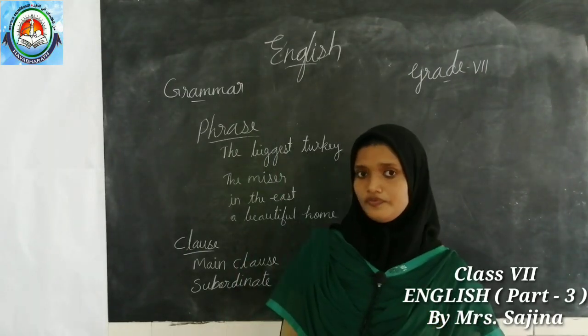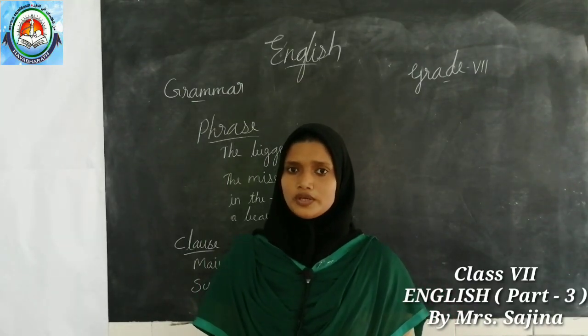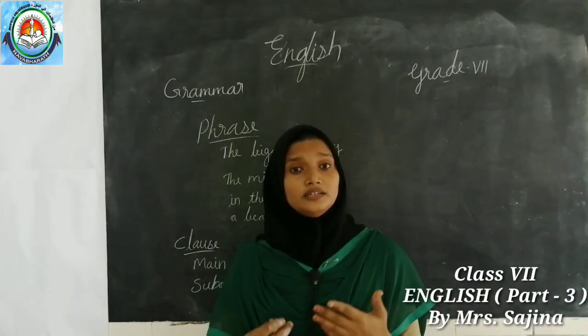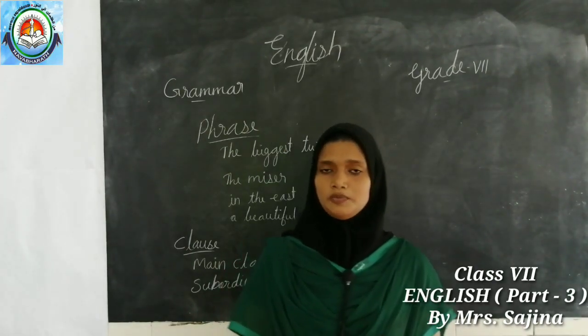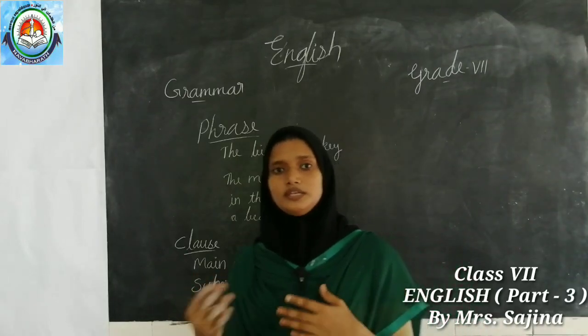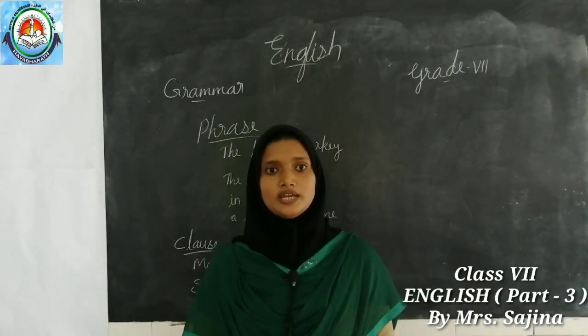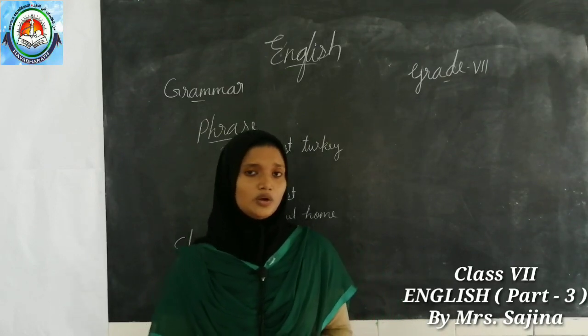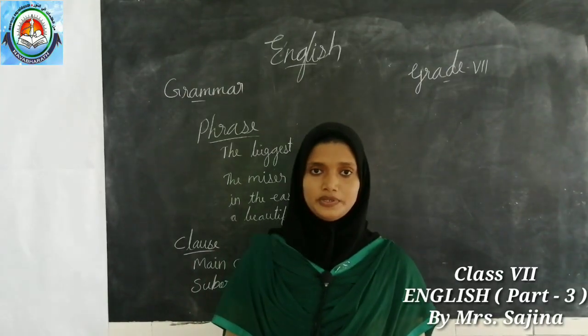I think all are familiar with noun, adjective and adverb. Okay, let us discuss once again. What do you mean by noun? A noun can be the name of a person, place or thing. Then an adjective is a word that describes a noun. Listen to one example.